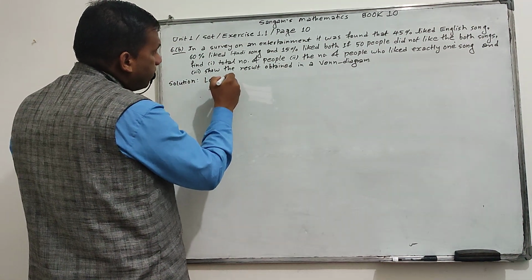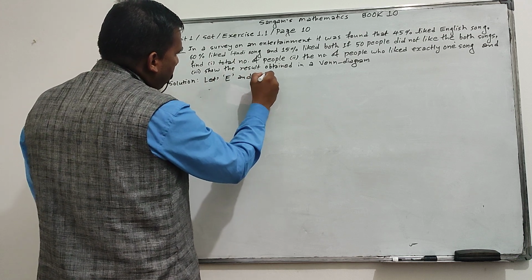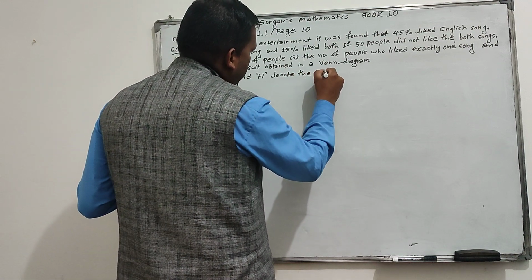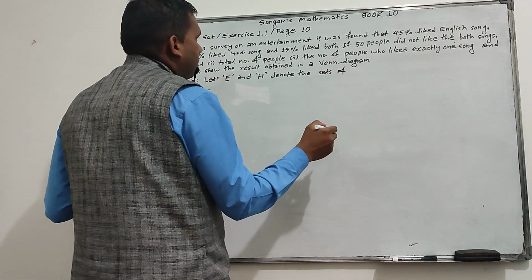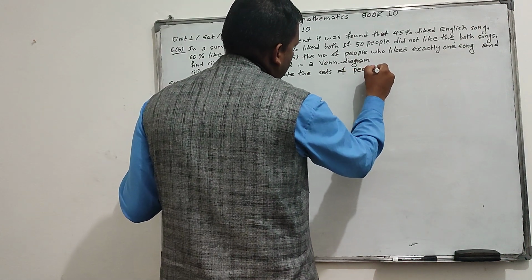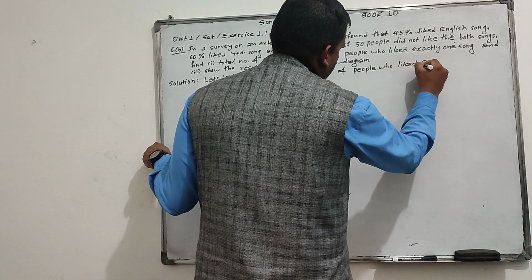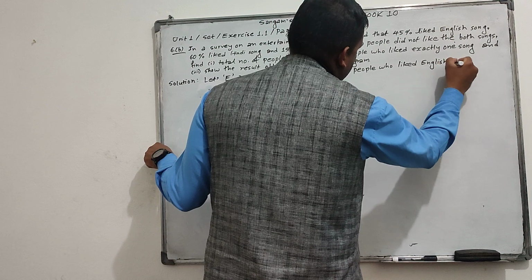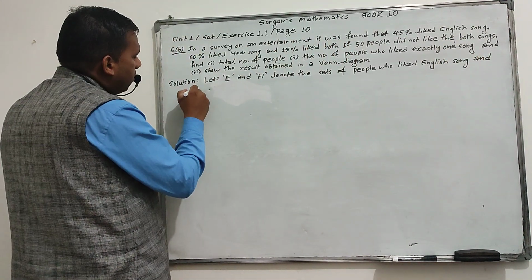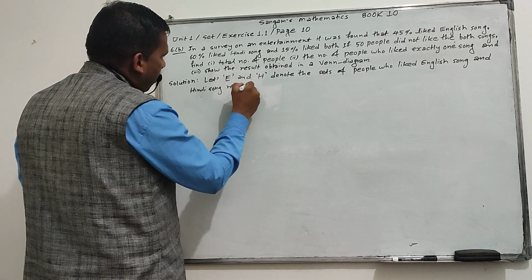Let E and S denote the sets of people who liked English songs and Hindi songs respectively.